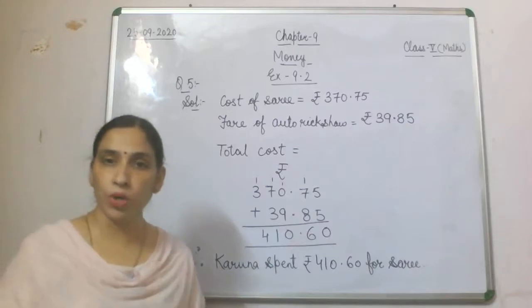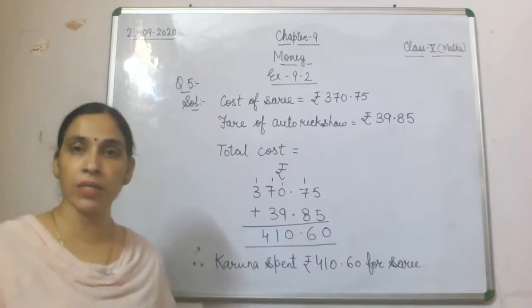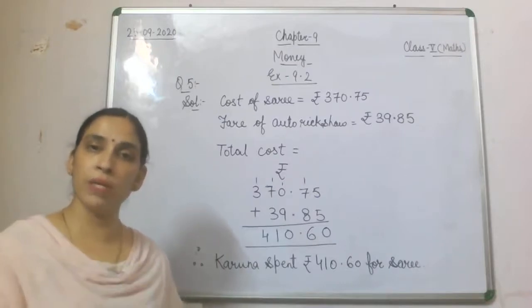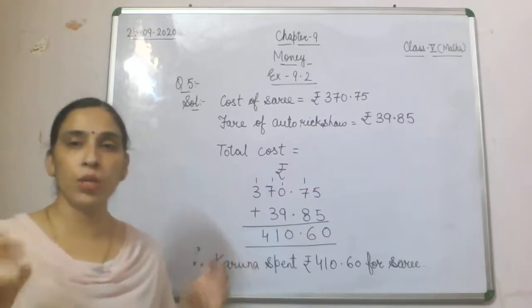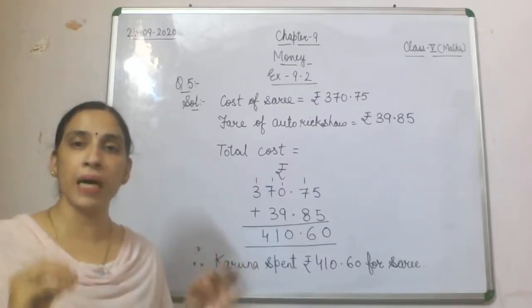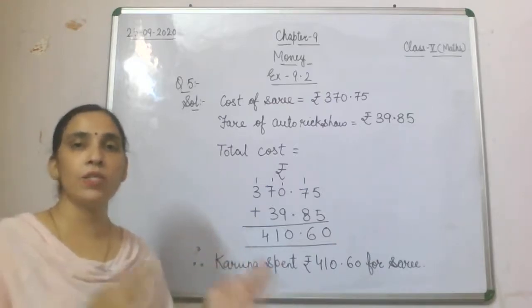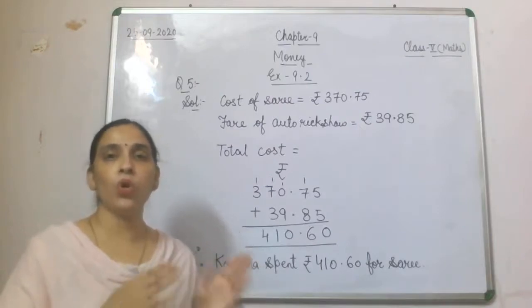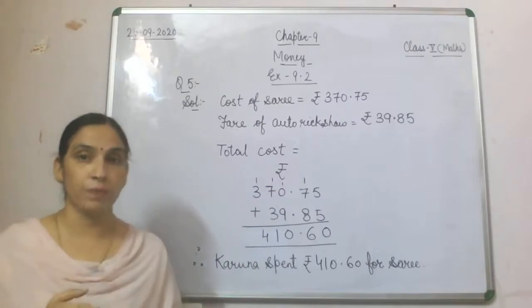If you are going by auto rickshaw, then that auto rickshaw fare will be included in that particular thing's cost. If you are going by your own vehicle, then the petrol cost will be included in that. The total money which you spent, the rickshaw price or the price you spent on petrol, will be included in those things only.